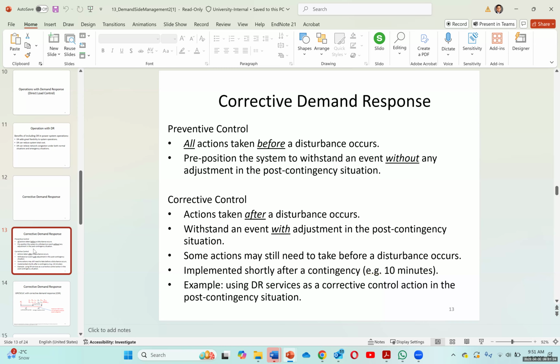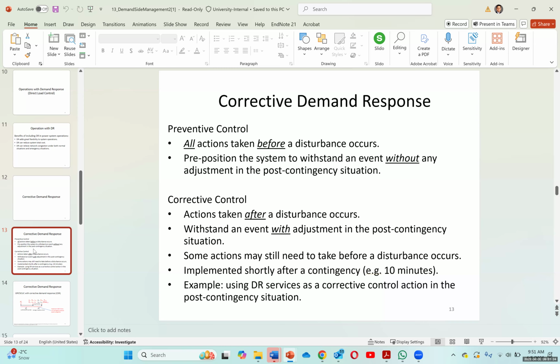This will implement CDR if there are contingency induced system congestions. This shows the graph, the flow chart for this SCUC with the CDR. You can see that this is the SCUC and this is the response time here.